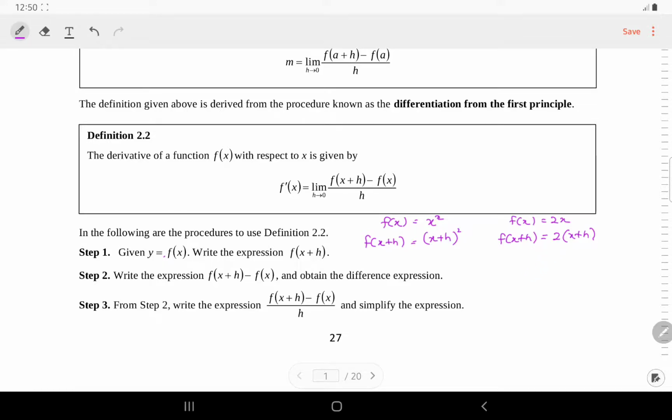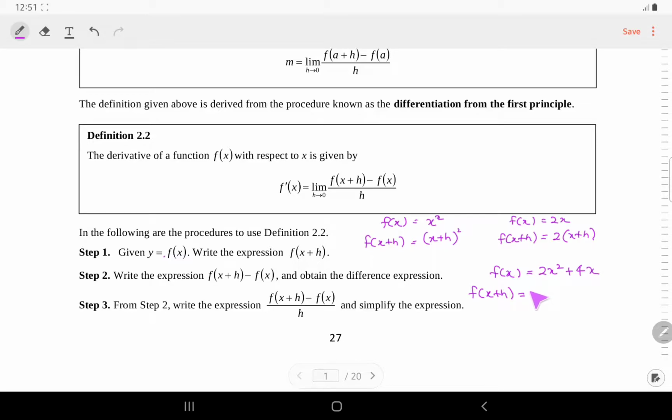Another example, if you are given a function where f of x is 2x squared plus 4x, what will be your f of x plus h?